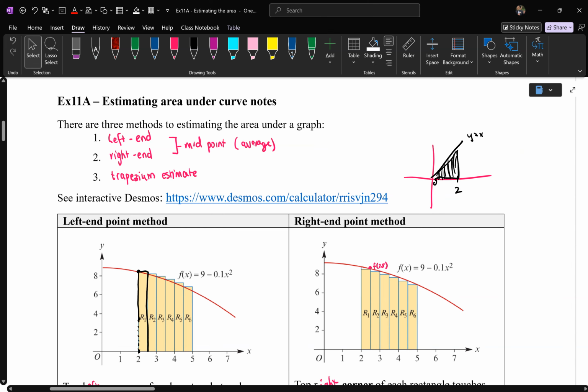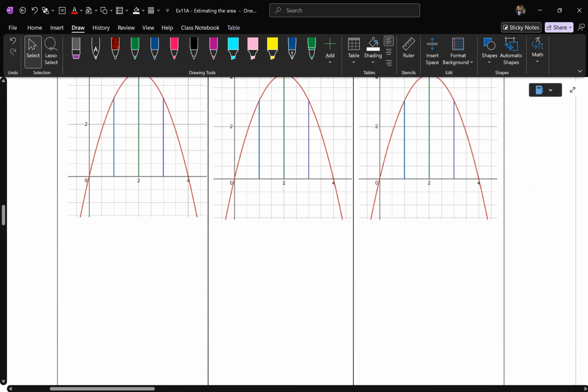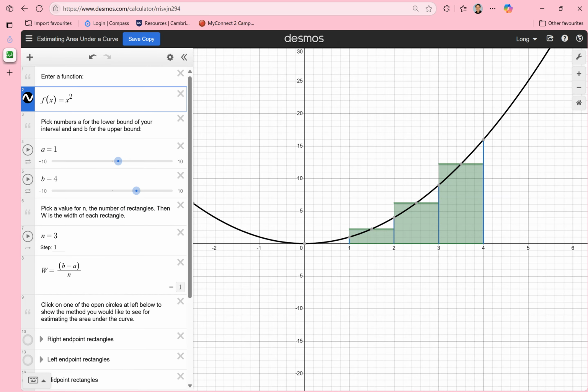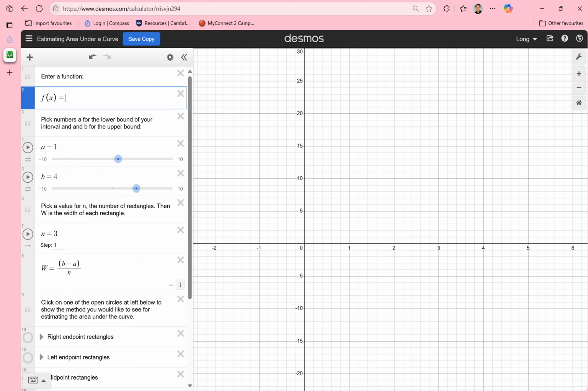Thanks, team. That link will take you to this Desmos one, and I like it. I found it on Desmos. It's really useful. You can type in the function that we're in. So we've got x times 4 minus x. So here's your function. You can change the interval, so A and B. I already have it 1 to 4 ready for you.